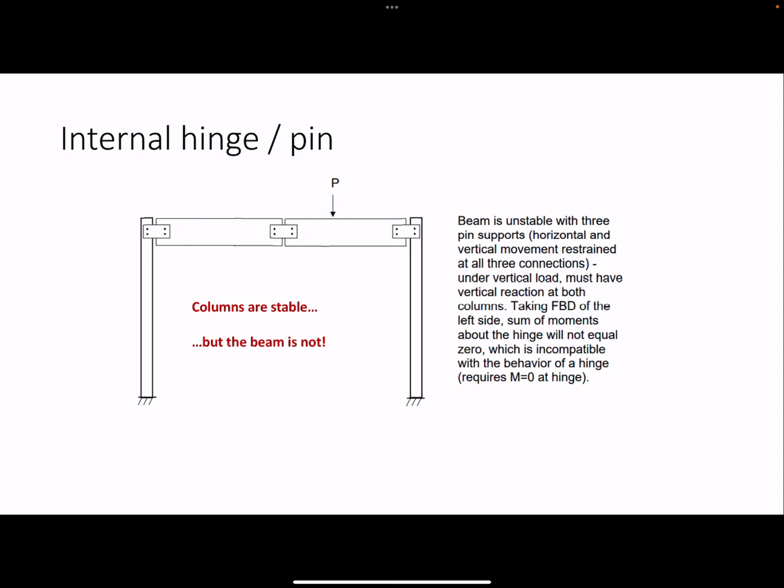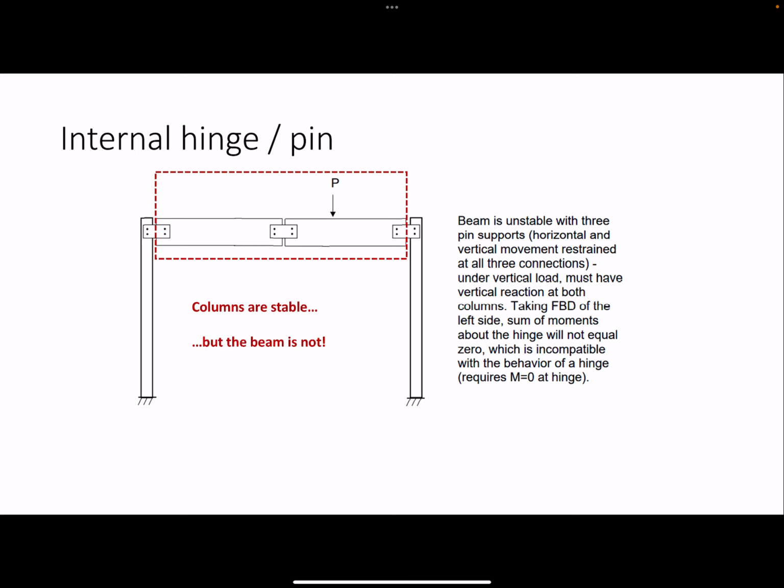So here, these columns are supported by a fixed support at the base, so the columns themselves are stable. And then they have a pin connection to the beam. But because the beam has an internal hinge, it's not a stable beam, right? So we're going to prove that now.